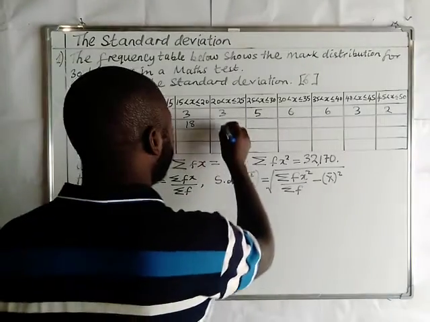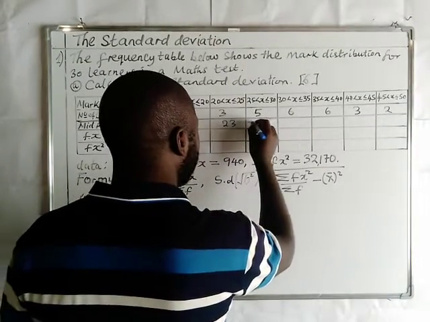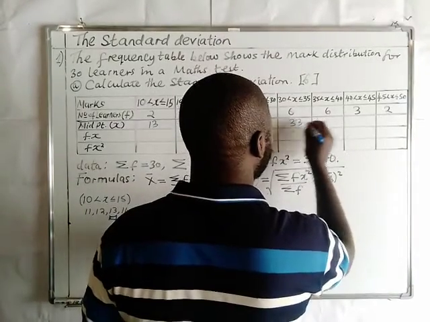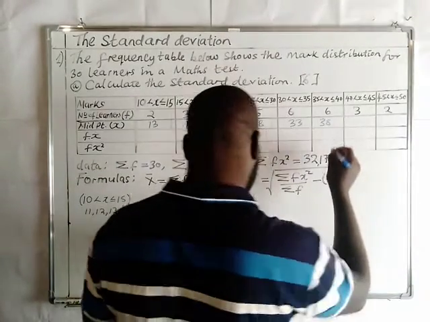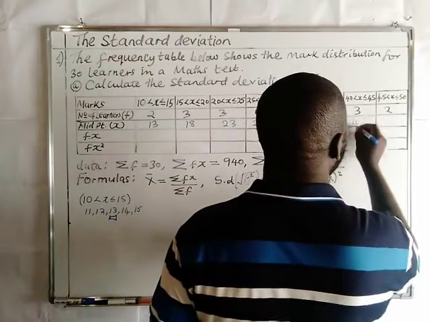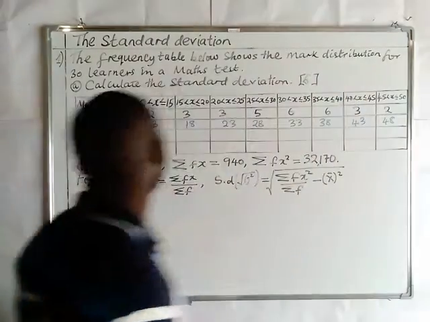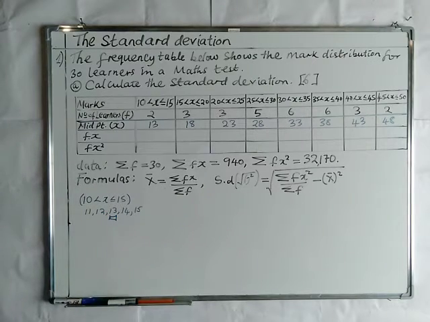Then we shall have 23 and 28, 33, 38, 43, and 48. So these are the midpoints of each one of the classes.